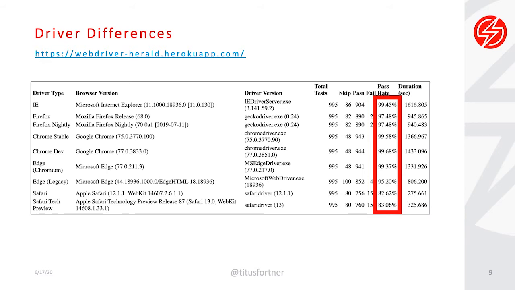And so my test suites end up having some flag for Safari, where if I'm trying to run in Chrome, I'll run everything. And if I'm running in Safari, there are things that I'll skip over because I know that Safari can't handle them. And WebDriver Herald actually lists out, like the rest of this page lists out all of the million tests that are being run and which things are passing and failing in which browser.